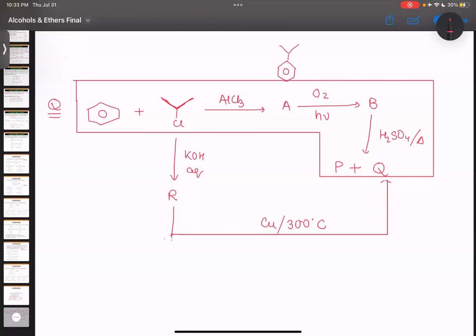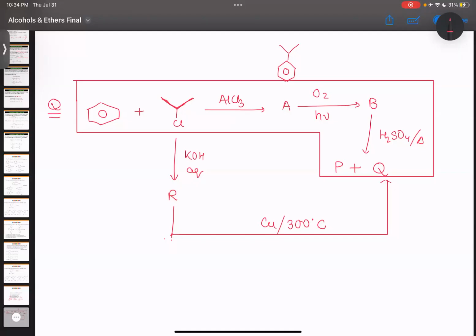A very famous common name. What is the common name of this A? It starts with C, not cresol.